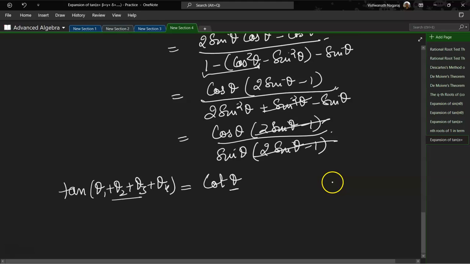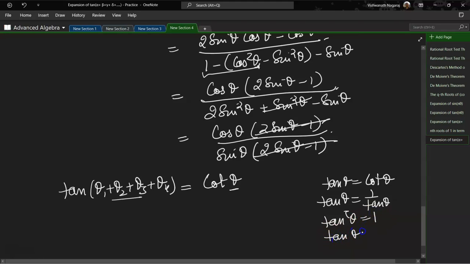So let's see, the simplified version is tan theta is equal to cot theta. Cot theta is 1 by tan theta, so this becomes tan square theta equal to 1. That means tan theta is equal to plus or minus 1, which means theta is equal to, when is tan theta plus or minus 1? When it is pi by 4 and 3 pi by 4.